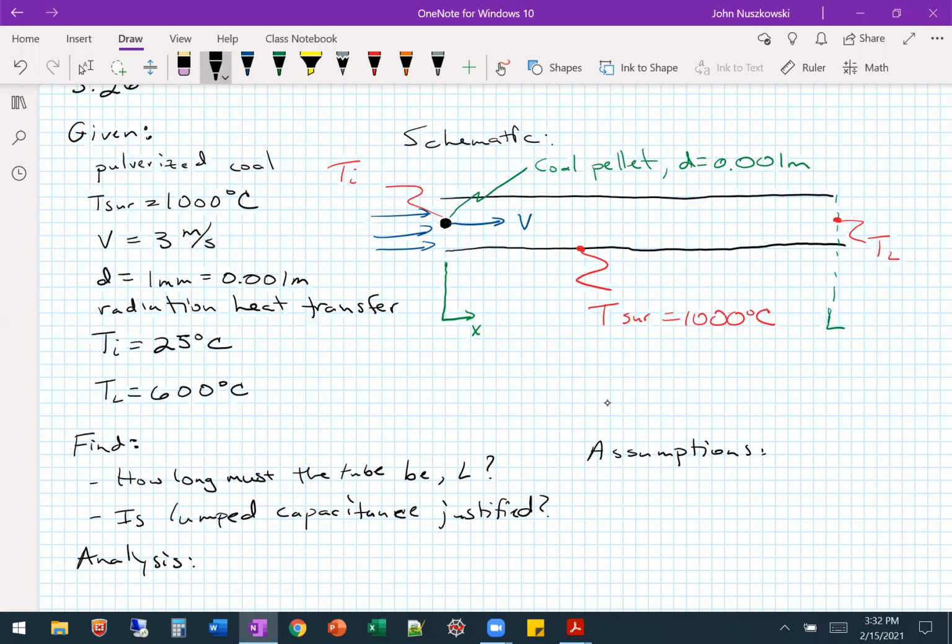So where do we begin? Where do we start? What types of heat transfer are going on? Radiation. So we've got radiation.